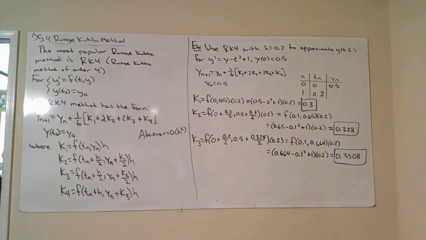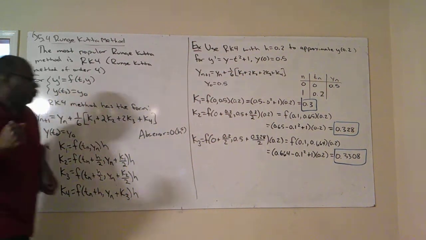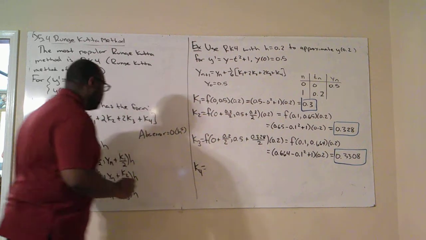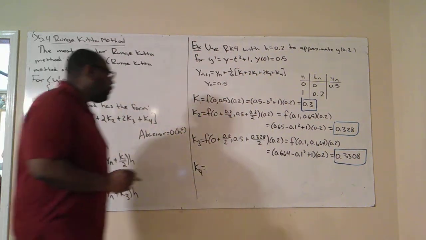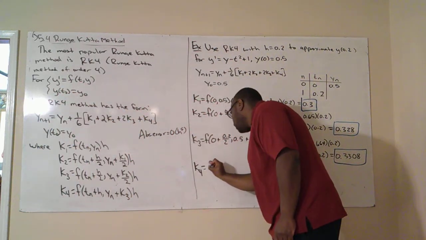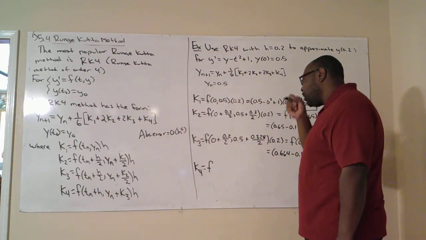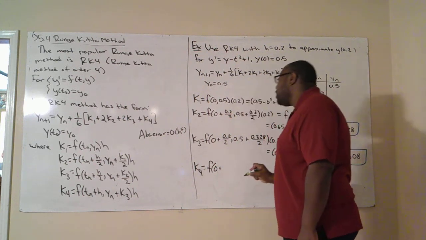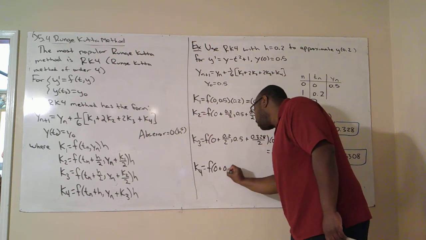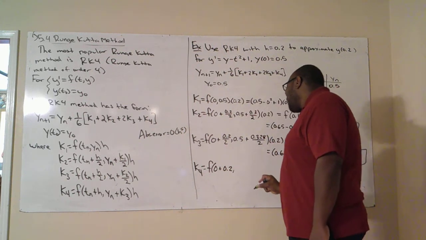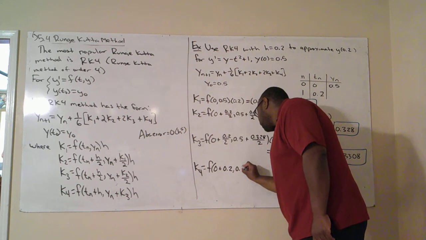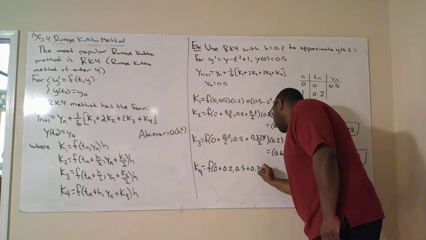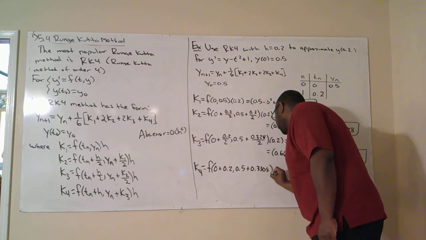K4 is equal to, so our last one, F of T0, which is still 0, plus H, so 0.2, the whole thing, comma, Y0, which is 0.5, plus K3, which is 0.3308.